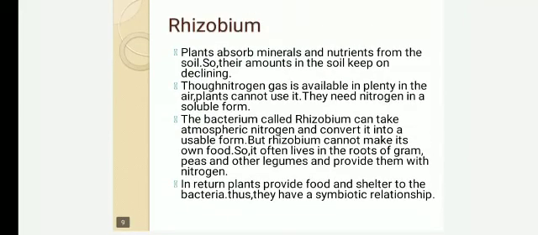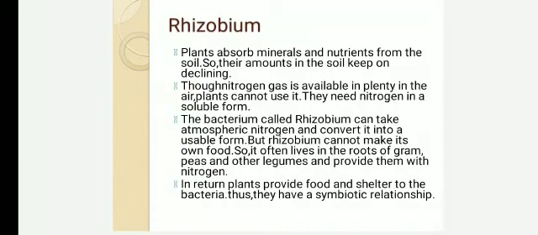Though nitrogen gas is available in plenty, right? Which gas is present in the largest amount in the atmosphere? Nitrogen gas is the most abundant gas present in the air. But plants cannot use nitrogen gas as such from the atmosphere as they can use carbon dioxide.